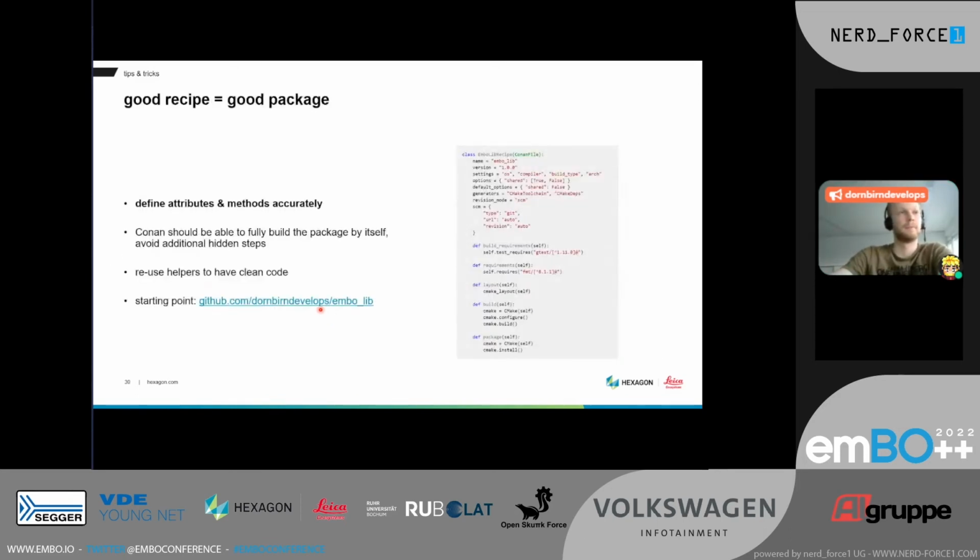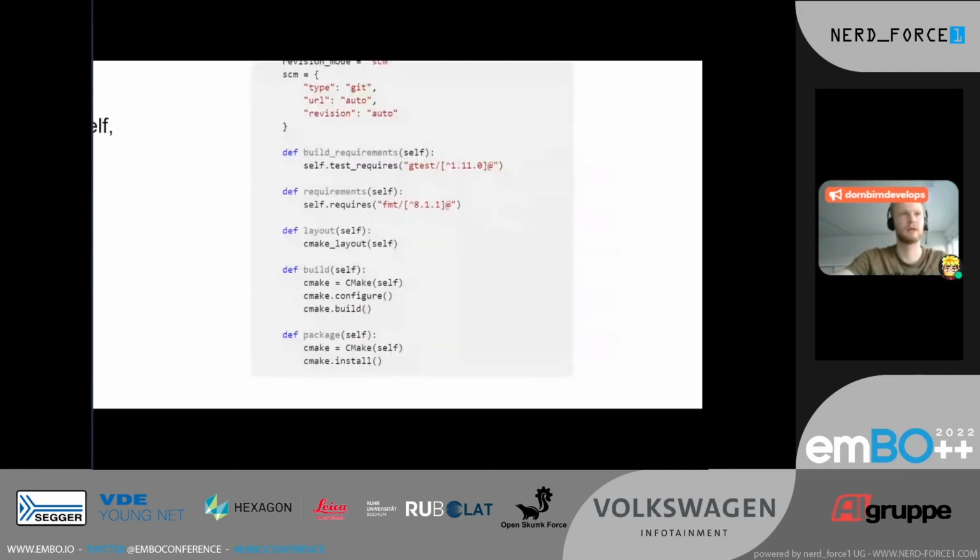Next, now with that we have a config that everyone can use, we shall have recipes that everyone can use. For that, maybe it makes sense to zoom in here. So we have the Conan class definition, let's say.